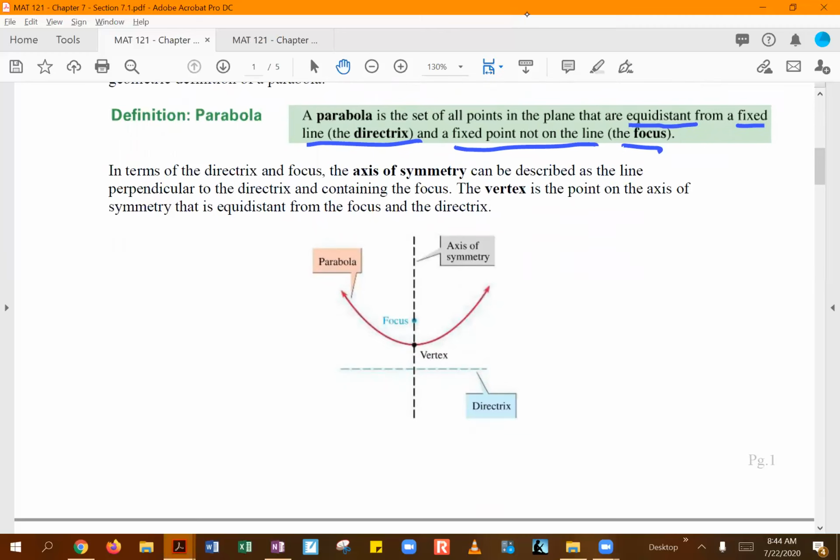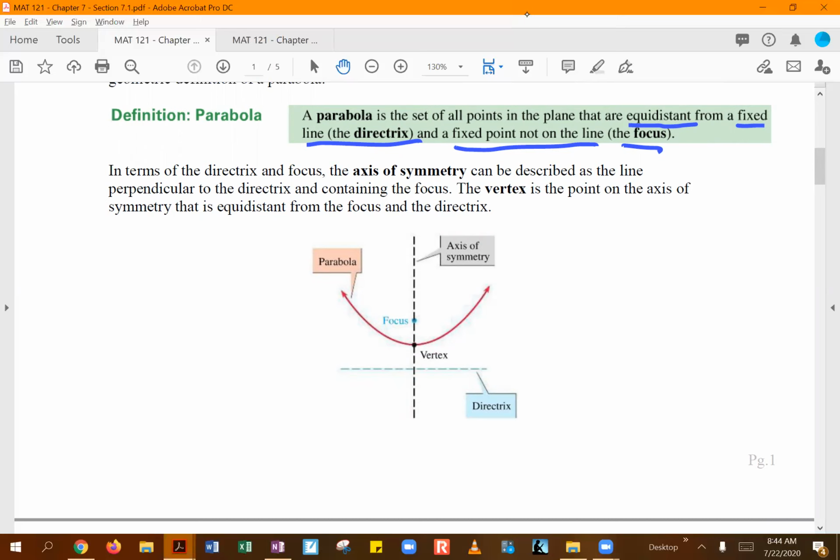If you look at this little graph, you can see in red we have our parabola. Above the parabola you have your fixed point, which is the focus. And below the parabola we have the fixed line, which is our directrix.